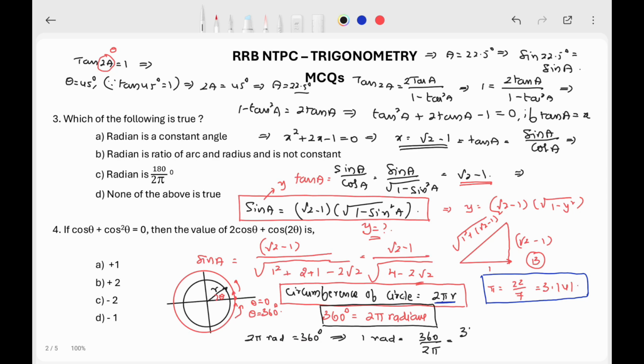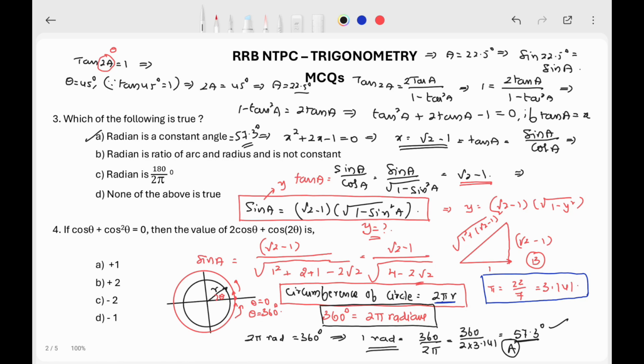That means 360 by 2 into 3.141, that is equal to 57.3 degrees. 1 radian is equal to 57.3 degrees. That means 1 radian is a constant angle. This is the answer. Answer is A, 57.3 degrees.